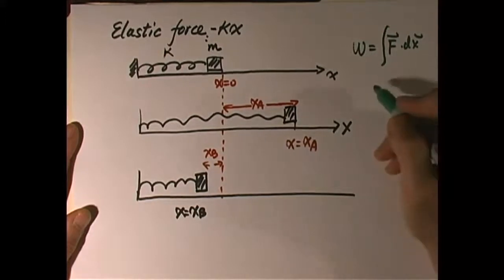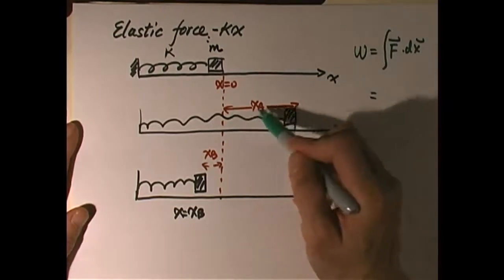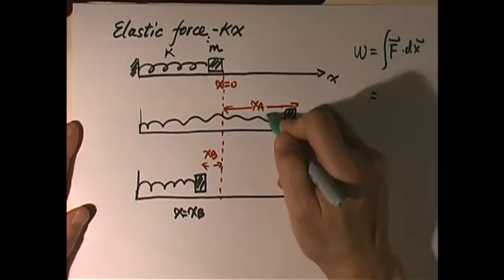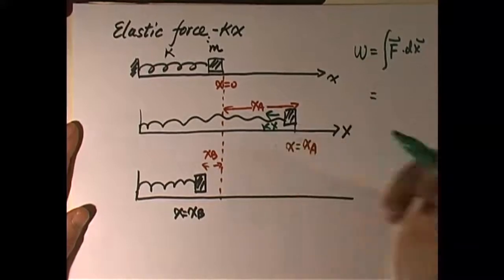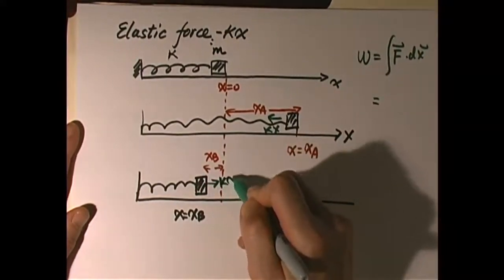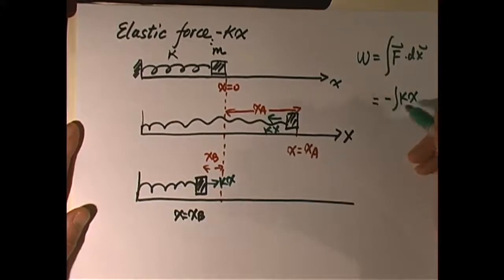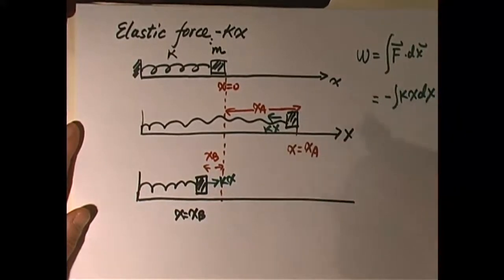Now, the elastic force is always in the opposite direction of the displacement. When the displacement is positive, that kx force is negative. When the displacement is negative, that kx force is positive. So f dot dx will be negative, with magnitude kx dx.